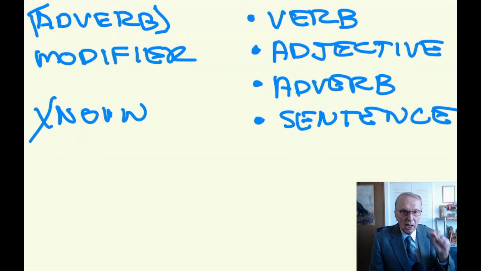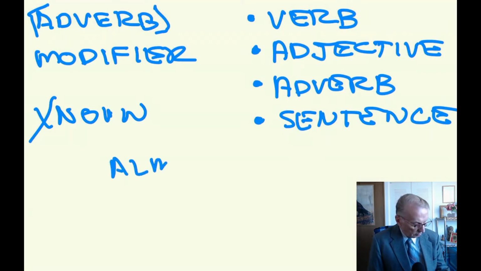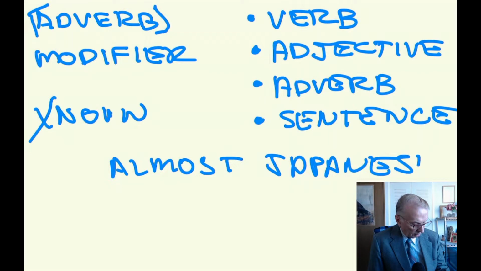Meishi, a noun. An adverb cannot modify a noun. This is so important for Japanese people to understand, because many Japanese students of mine make the mistake. They'll say something like, almost Japanese. Japanese is a noun, so almost Japanese is wrong.